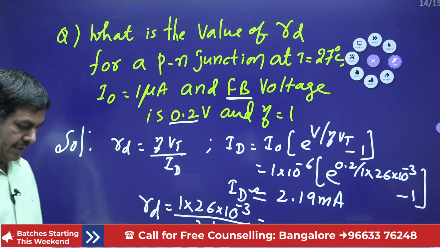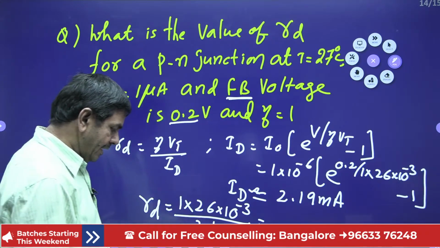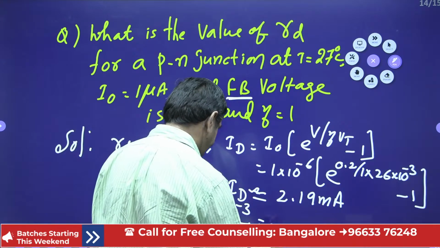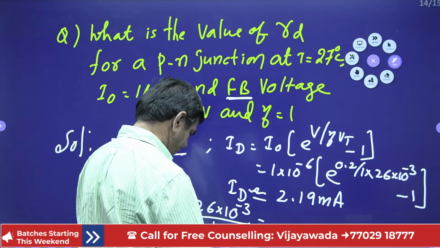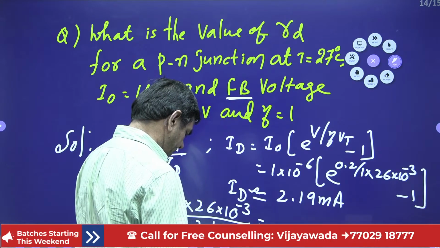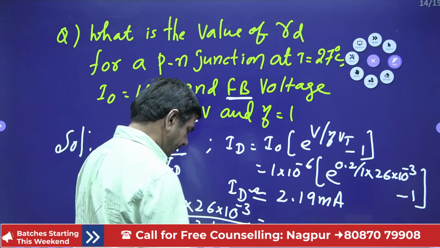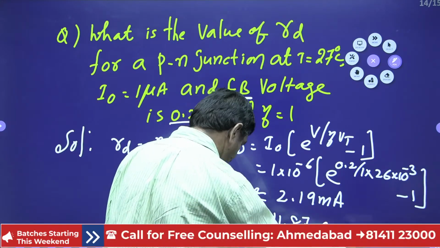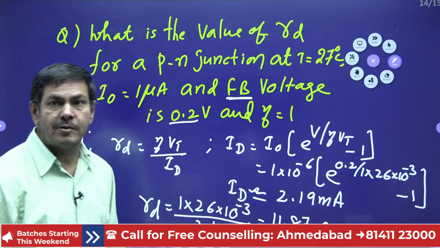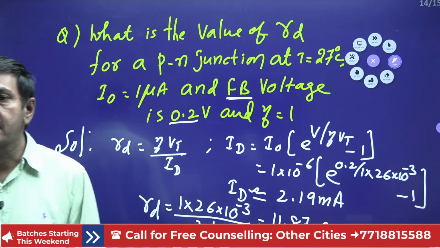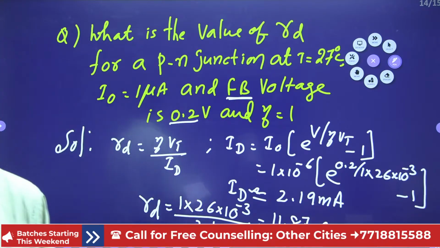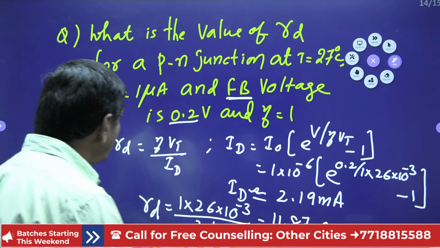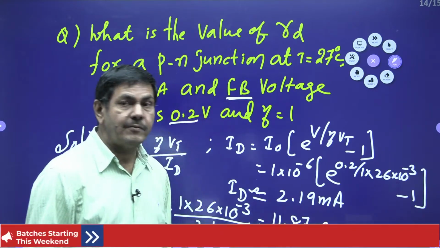If you use the calculator, its value comes as 11.87 ohms. That much value is possible. That is the dynamic resistance of the diode. That is the way we can do it.